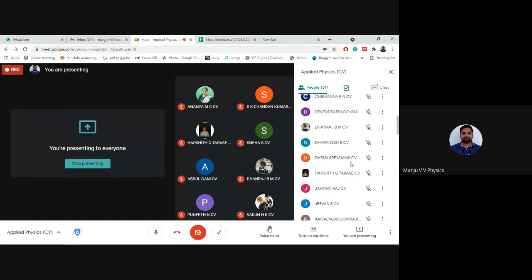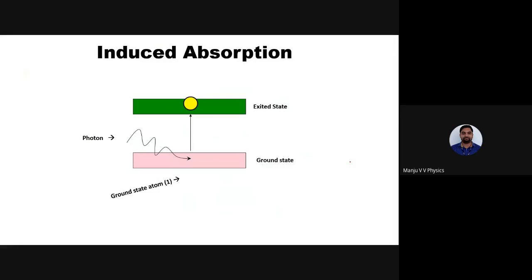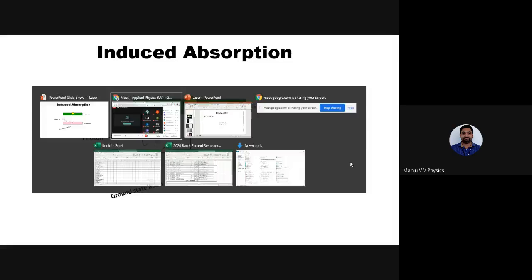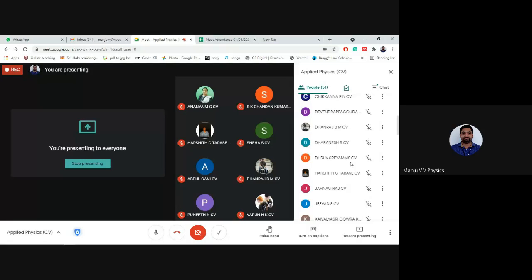Anybody else? Suppose there is one atom in the ground state, how many atoms get elevated to the excited state? One only, sir. Correct. If there are two atoms? It depends on the number of electrons.